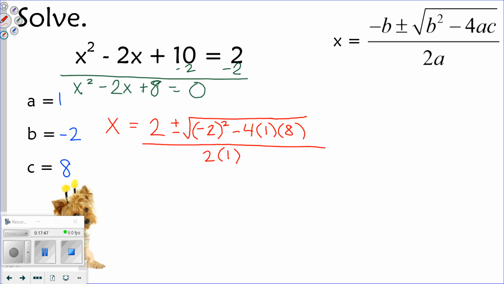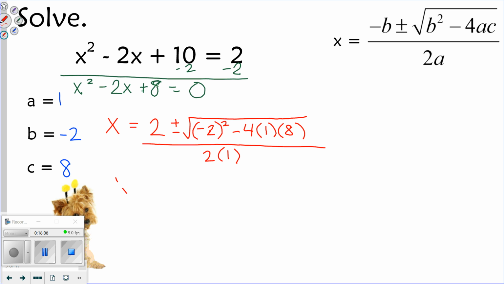All right, what do I do next? Under the radical. Do not type the radical in the calculator. Type in -2 squared minus 4 times 1 times 8. It should be -28 is what you should get. Double check.